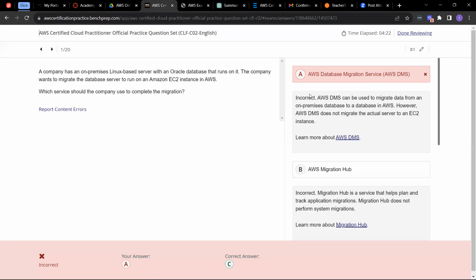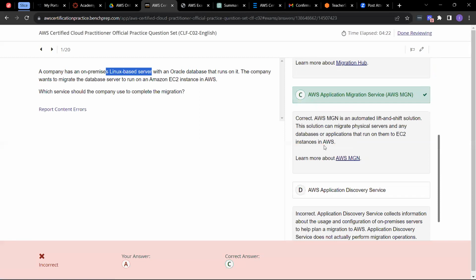We understood that if it just talked about the Oracle database, then we can confidently go for the database migration service, that's the DMS, right? But here it talked about the server and then the database itself.